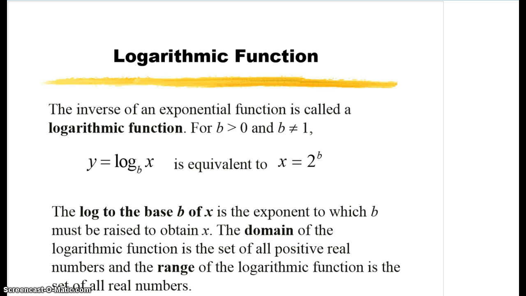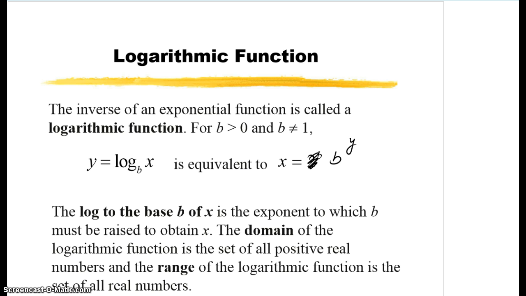Here's what we mean. The inverse of an exponential function is called a logarithmic, or log for short, function. For b bigger than 0 and b different than 1, y equals log base b of x is equivalent to saying x equals b to the power of y. This is wrong here, sorry about that. This should say b to the power of y.